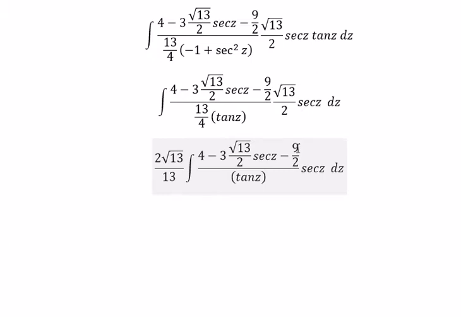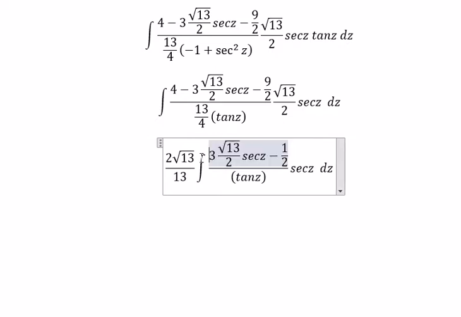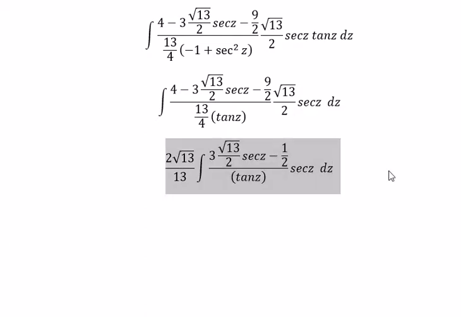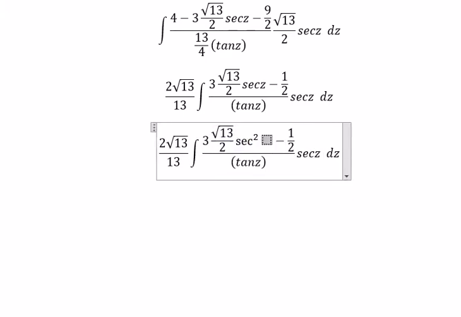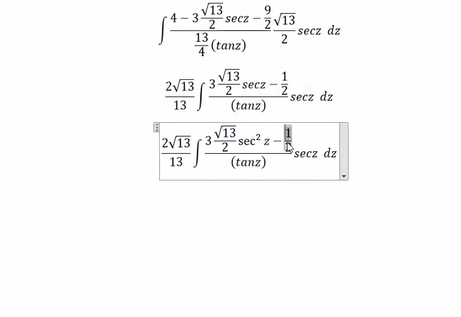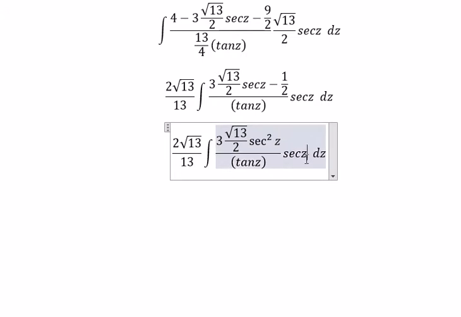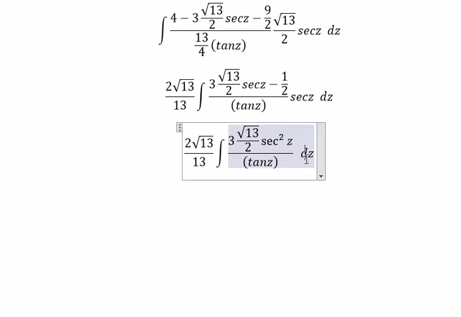You get negative 1 over 2. So now we can divide this integration into two integrations. The first one and the second one.